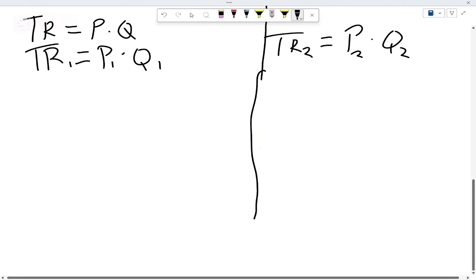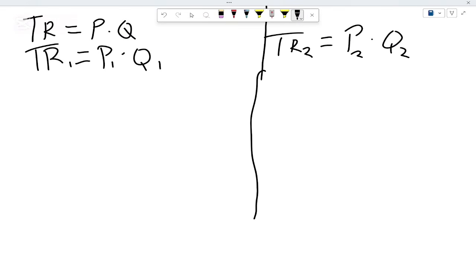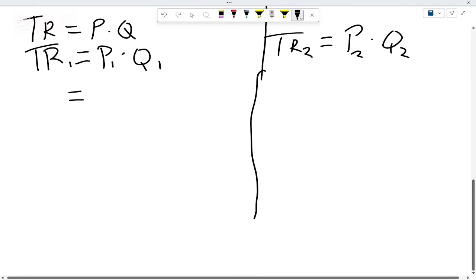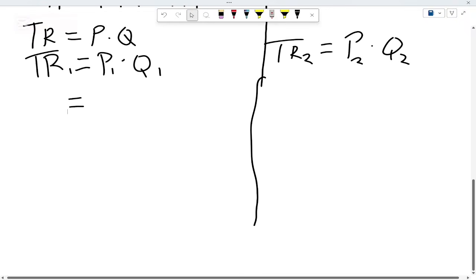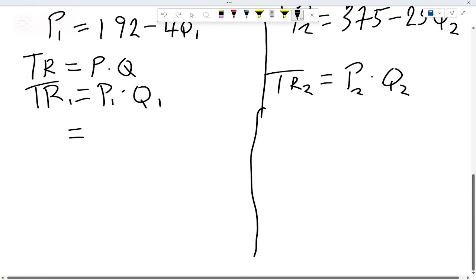Now you multiply the function. The function P1 was 192 minus 4Q1, multiplied by Q1.